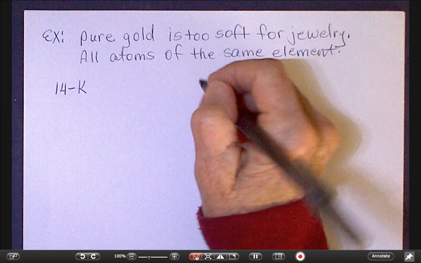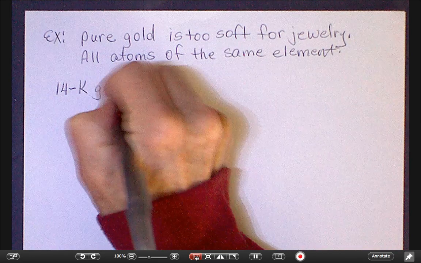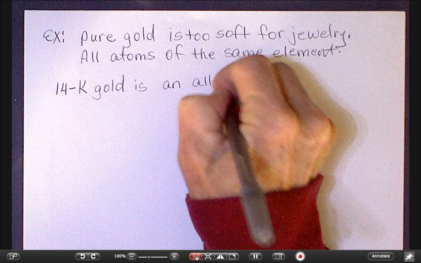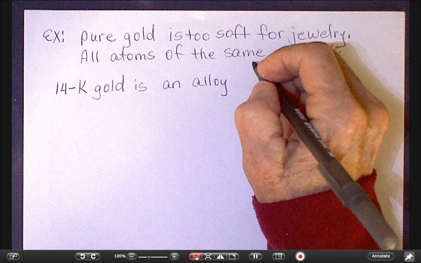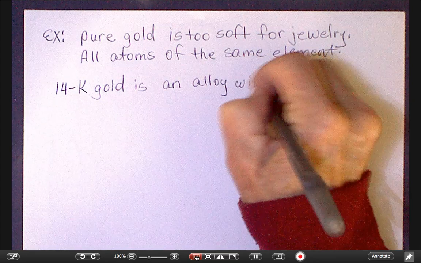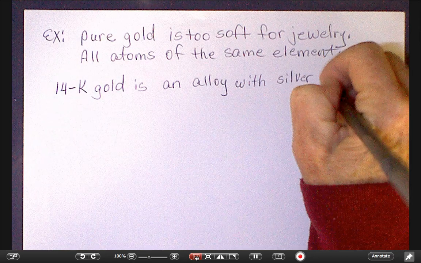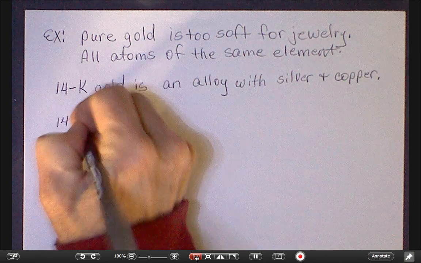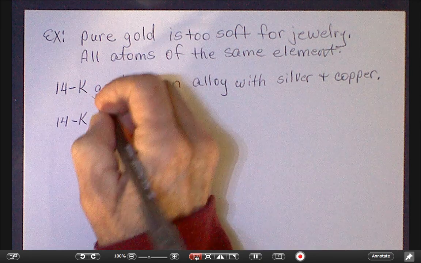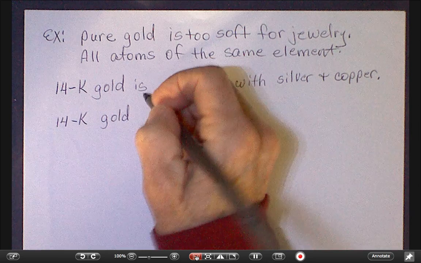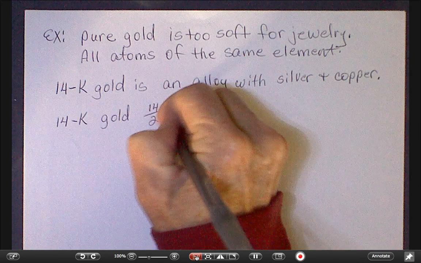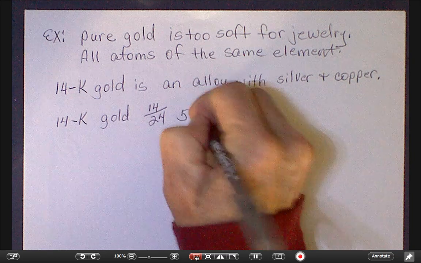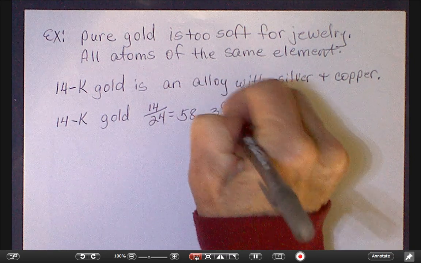Okay, something like that. All right, so 14 karat gold is an alloy with silver and copper. 14 karat gold is 14 over 24, okay, which if you divided that out comes up to 58.3% gold.